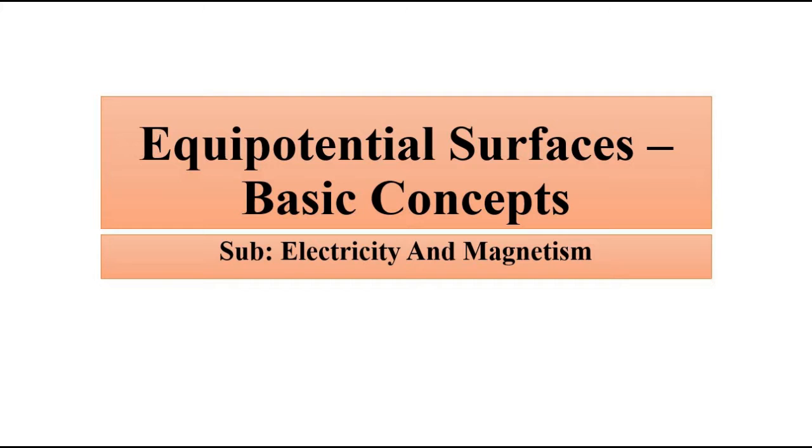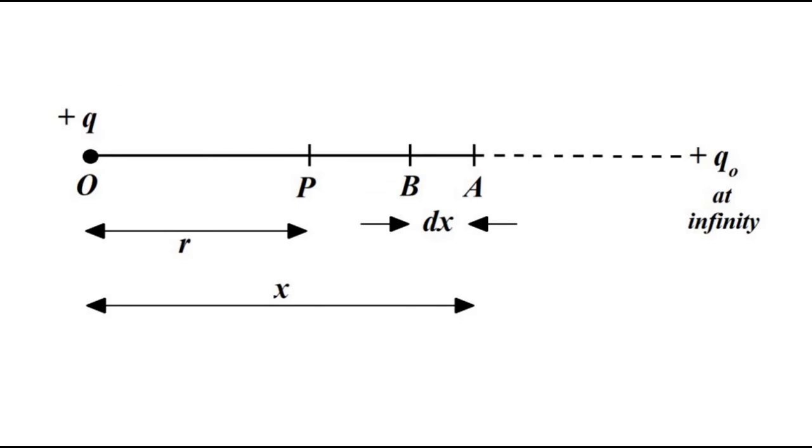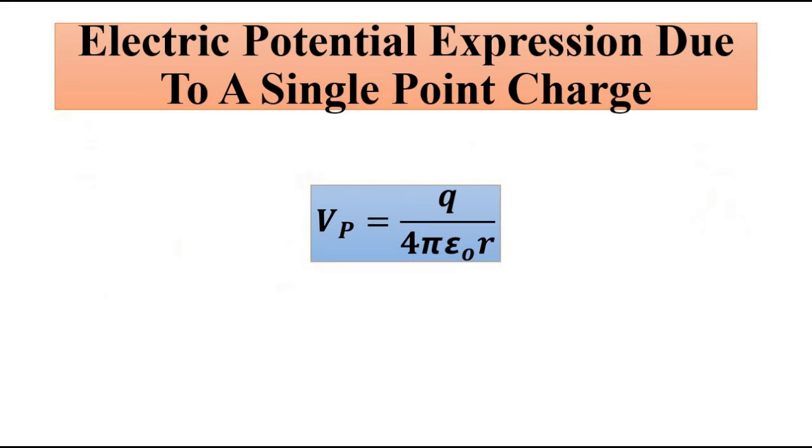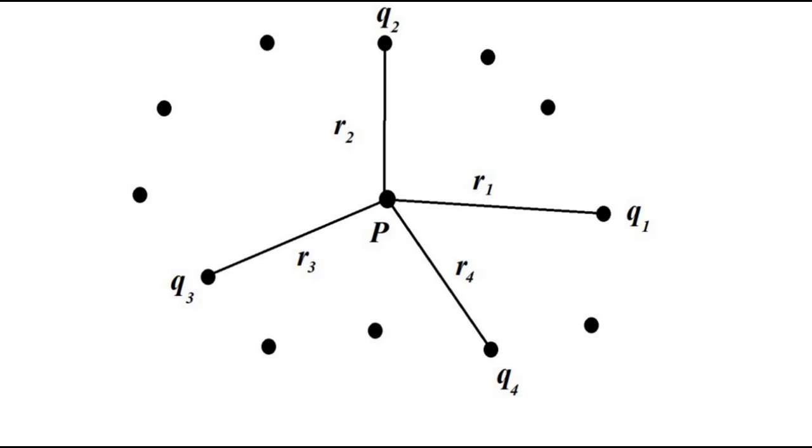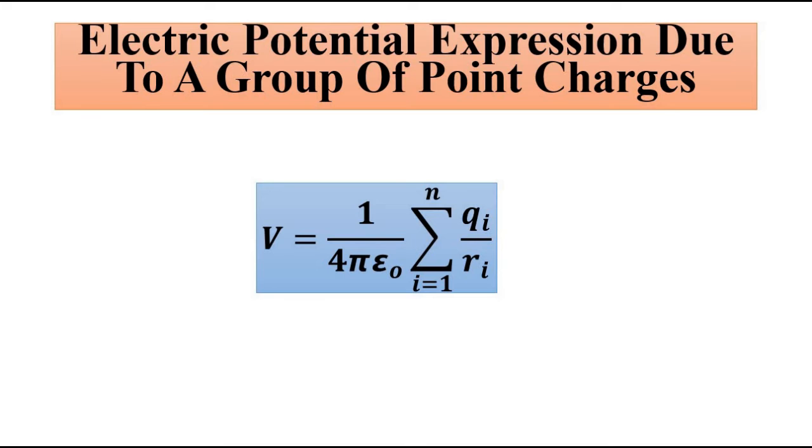We have already discussed how the presence of a source charge at any point in space produces an electric field, and what the value of the electric potential is at any point due to a single point charge or a group of point charges.